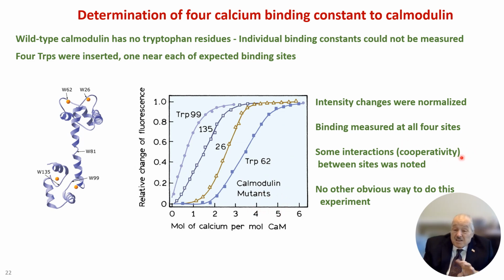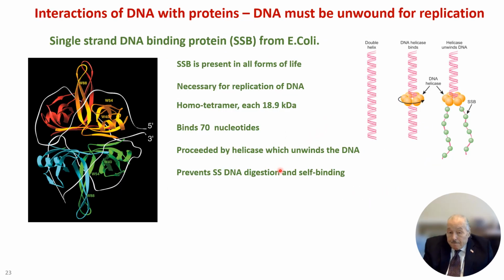And the changes were normalized, which made it easier to look at. They even decided that some of the calcium binding sites were cooperative with one another. So I consider this to be a brilliant experiment in protein chemistry. This is really an interesting one.